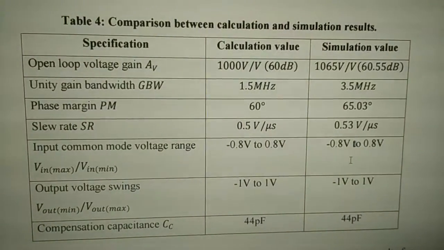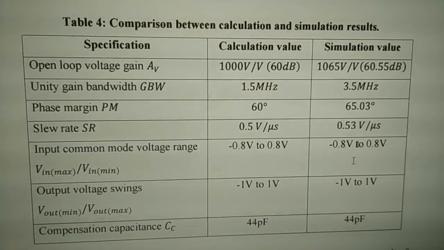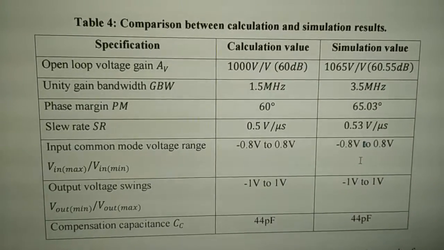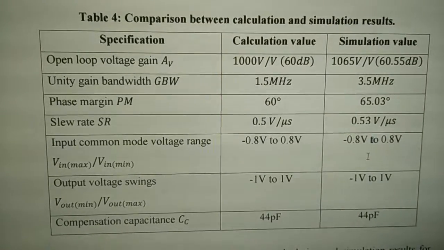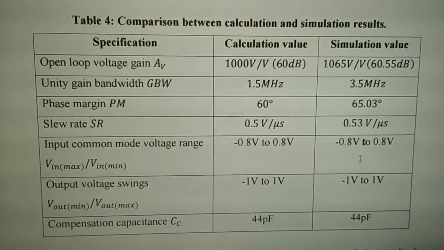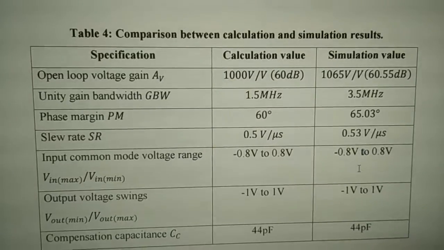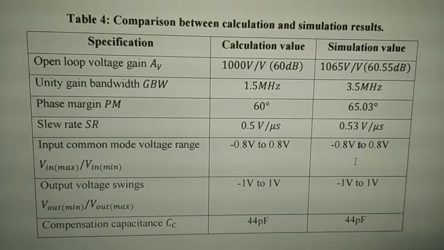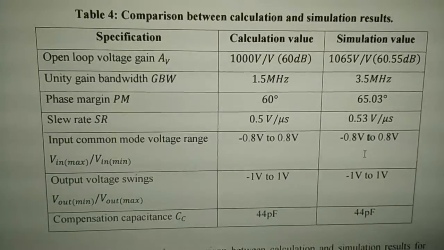Now we will compare the result between the calculation and the simulation. For the open loop voltage gain, the calculated value is 1000, which is equal to 60 dB, while the simulated value is 1065, which is equal to 60.55 dB. For the unity gain bandwidth, the calculated value is 1.5 MHz, while the simulated value is 3.5 MHz.